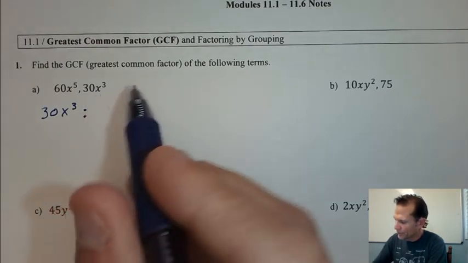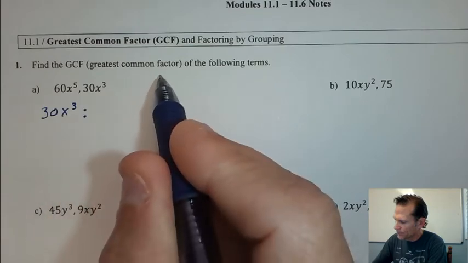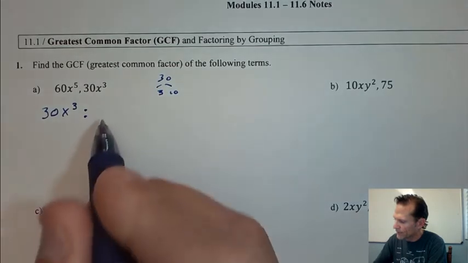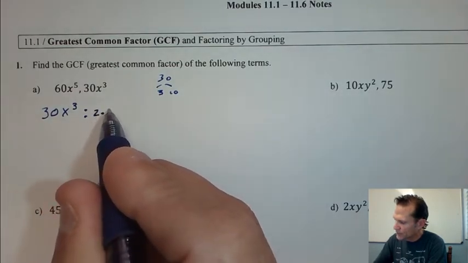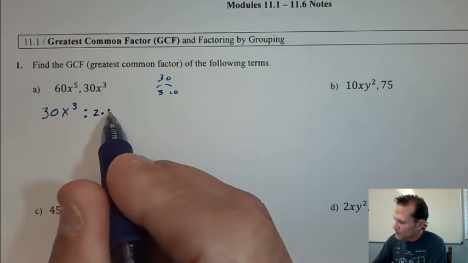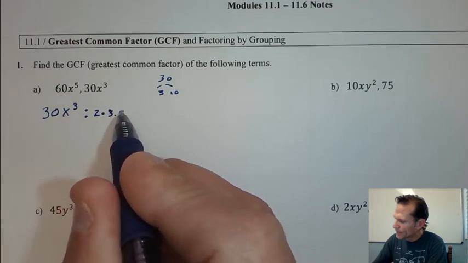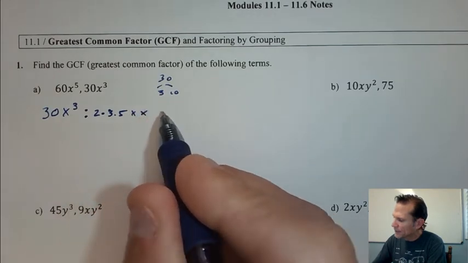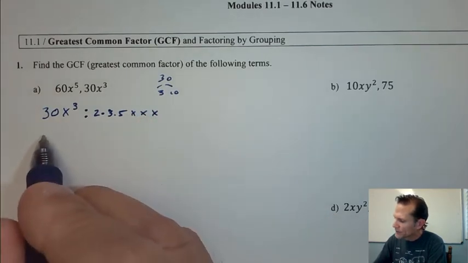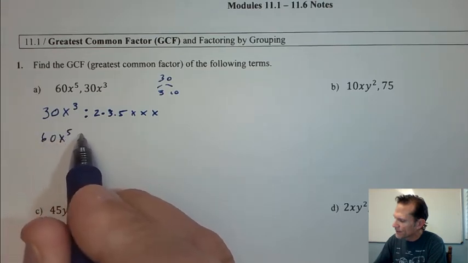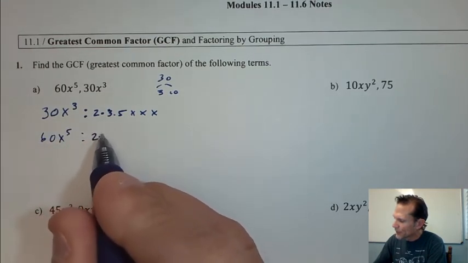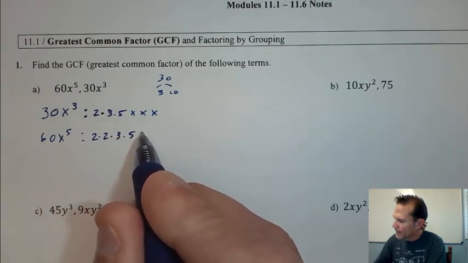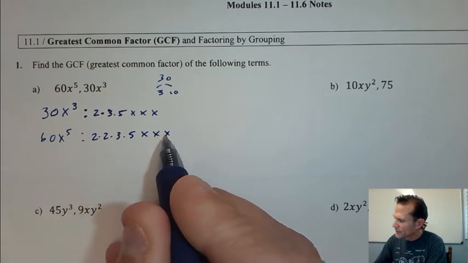And 30, if we remember factors, you could do the old factor tree, you could go 3 and 10 and then 2 and 5, so it ends up being 2 times 3 times 5, and then we have x times x times x. And then 60x to the fifth ends up being 2 times 2 times 3 times 5, and then x, x, x, x, x.